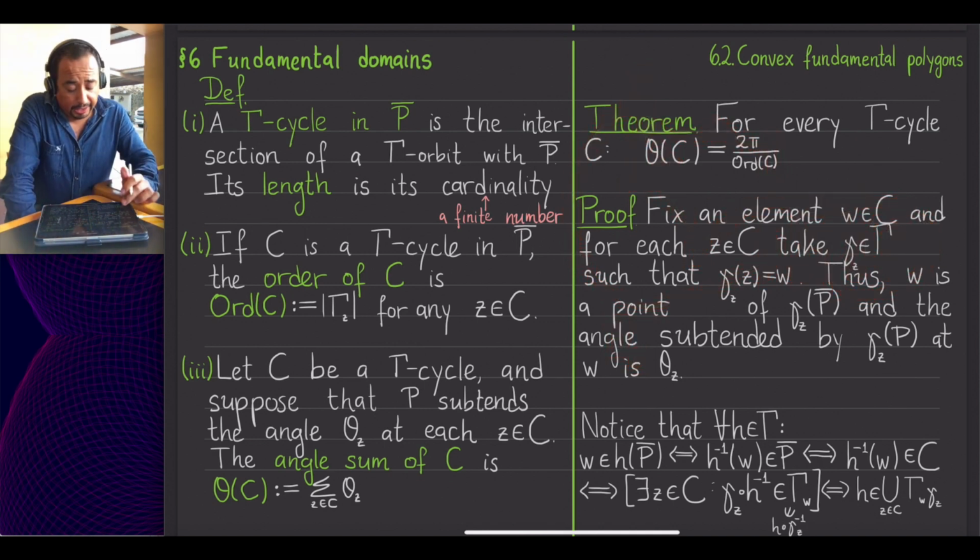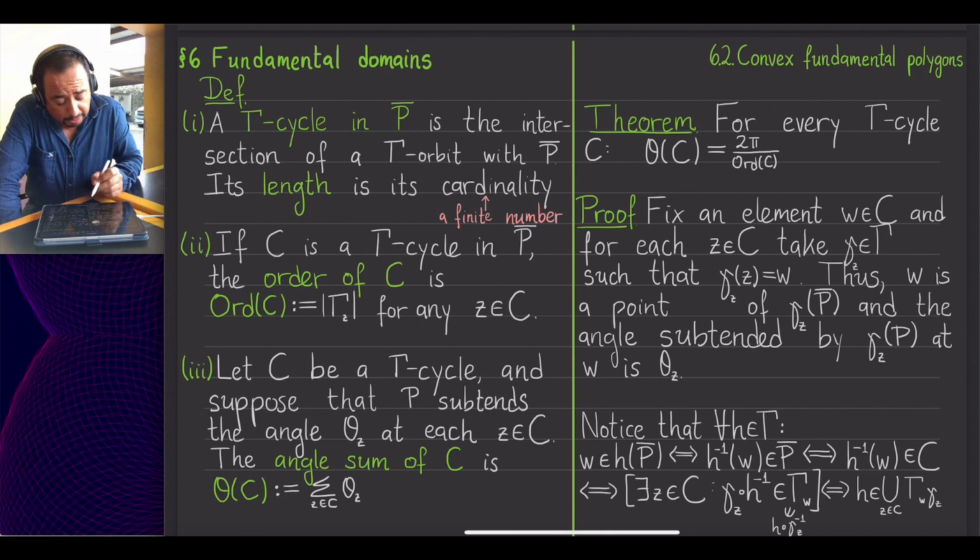Okay. Now notice the following: if you give me any element H of the Fuchsian group, W is in the corresponding image of P bar if and only if the corresponding thing happens with H inverse. I mean, this happens if and only if H inverse of W is in P bar.